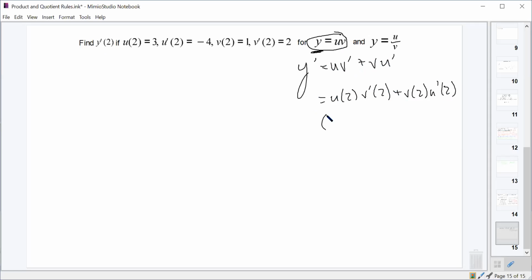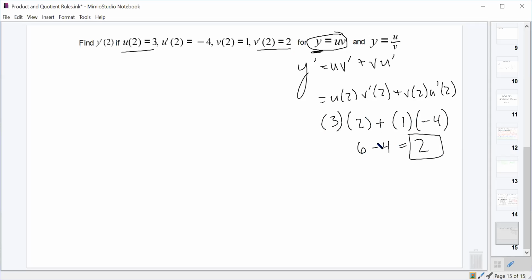What's u of 2? They gave us that, it's 3. v prime of 2, they gave us, that's 2. v of 2 is 1, and u prime of 2 is negative 4. So we end up with 6 minus 4, or 2. Good or no?